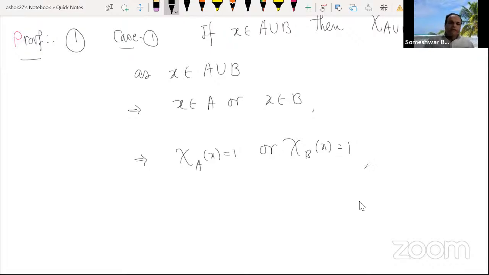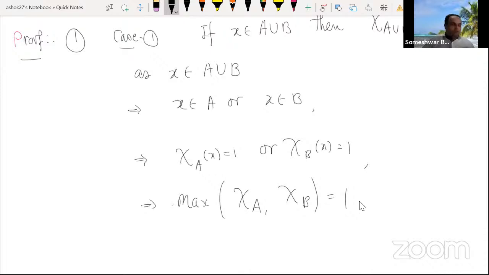So the maximum of chi of A and chi of B will always be 1, because either chi of A is 1 or chi of B is 1.